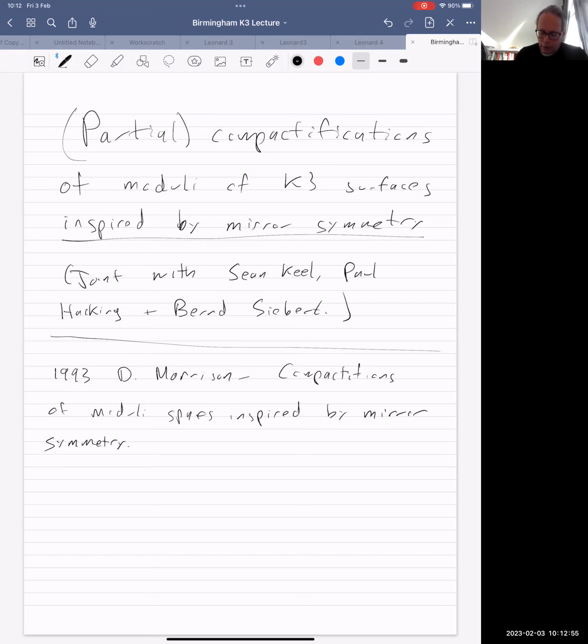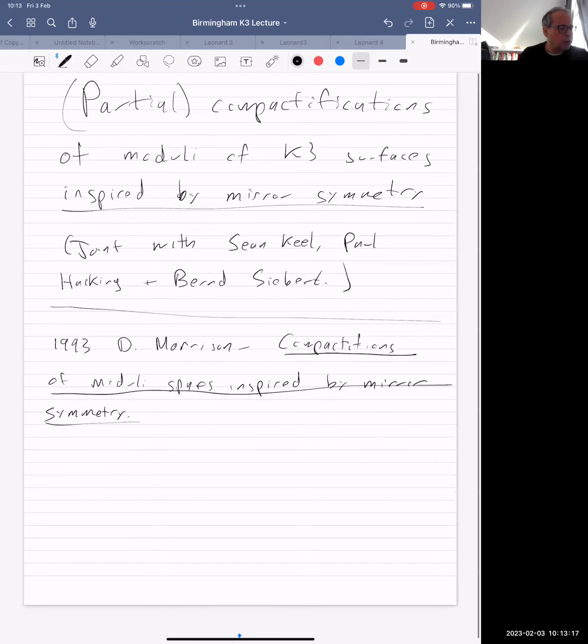Now, this was in the very early days of mirror symmetry, and it was speculation based on experience and looking at the examples that physicists had been playing with over the last couple of years in the early 90s. And I actually think it's a remarkable paper in the kind of mathematics that it ended up inspiring.